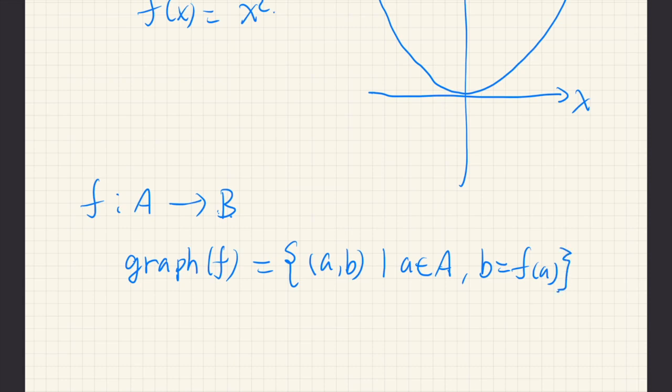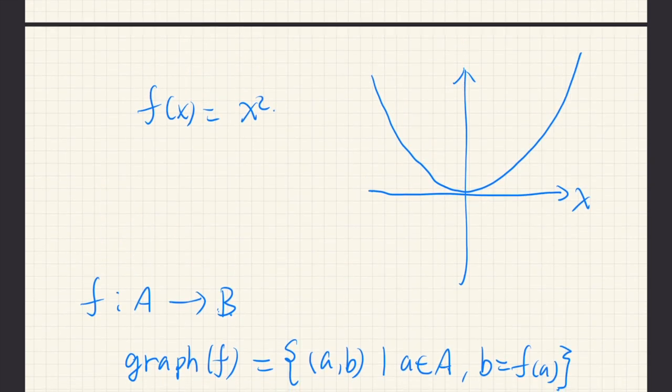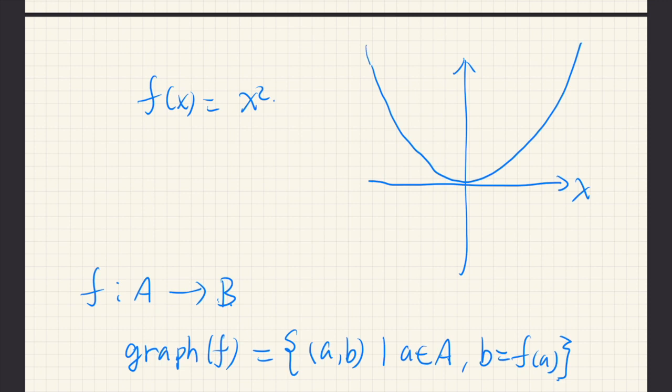And this is actually a subset of the Cartesian product A times B. So this is how we define the graph of a map in general, okay? And this definition actually matches what we usually take as a graph, like this one.